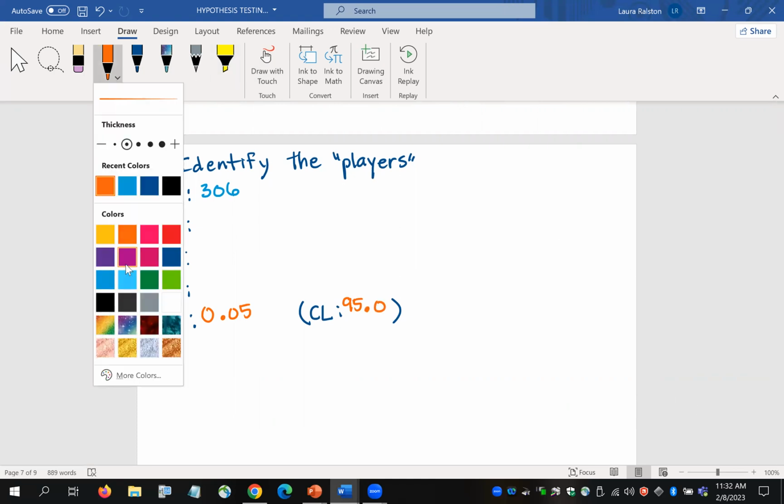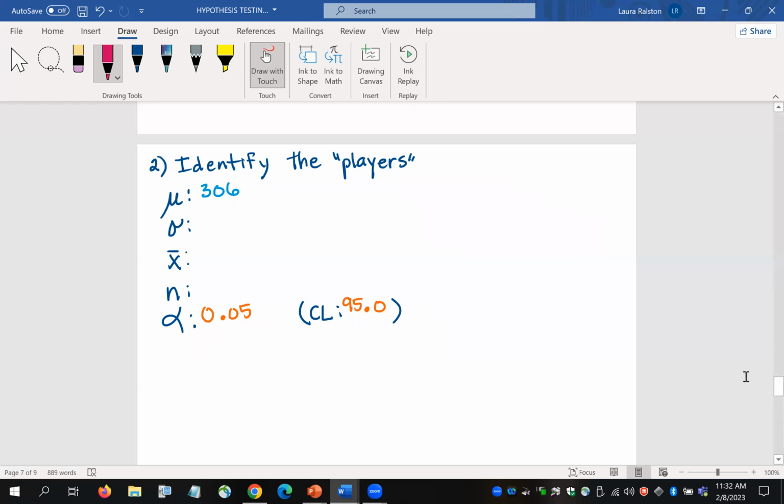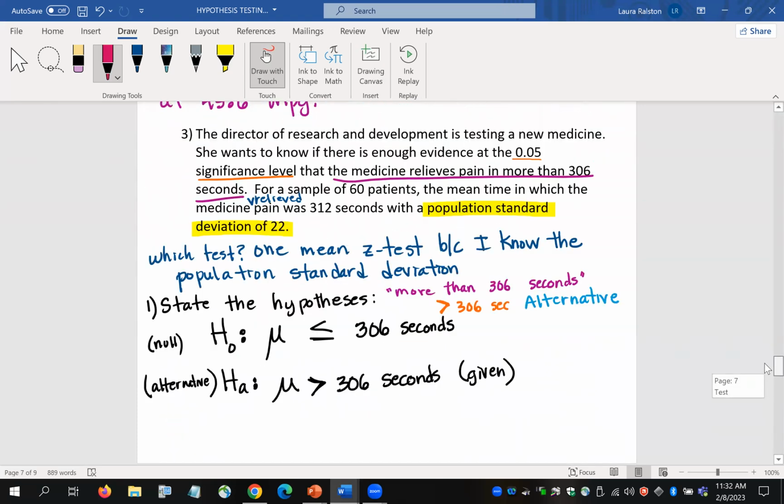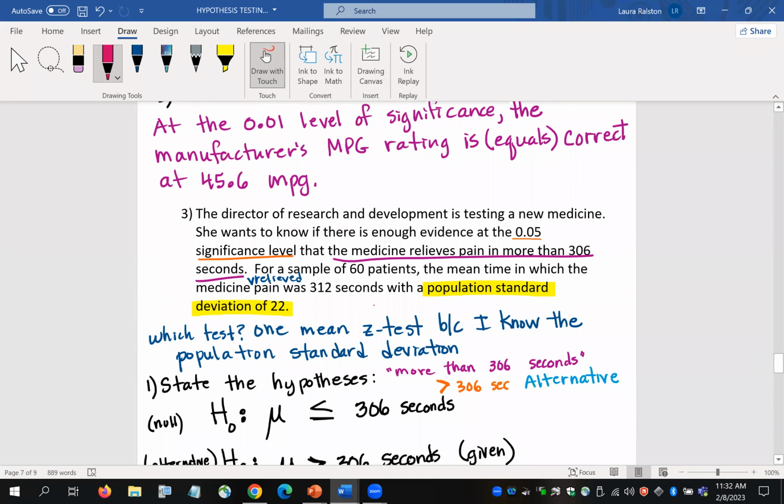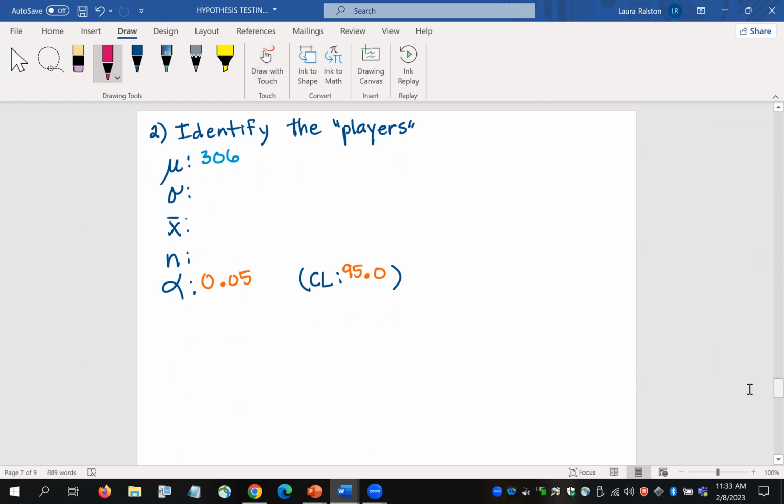Let's keep going. The medicine relieves pain in 306 seconds for a sample of 60 patients. Okay, so my sample size was 60.